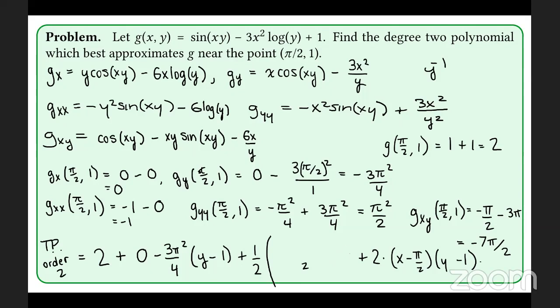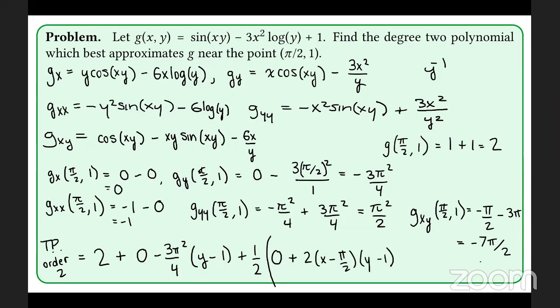Sorry, this sort of got flubbed. Sorry about that, guys. 2x minus pi over 2. Yeah, sorry about that. I'll fix those. Plus 2x minus pi over 2 and y minus 1.